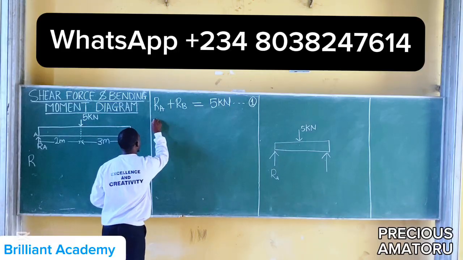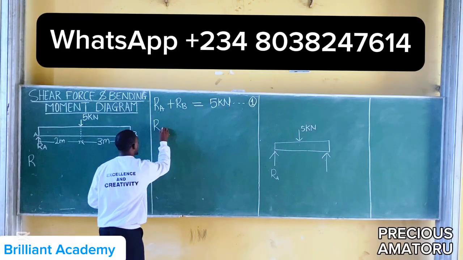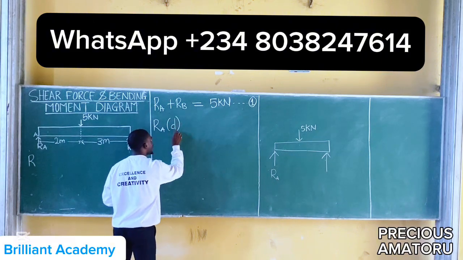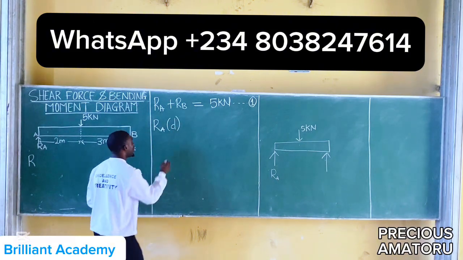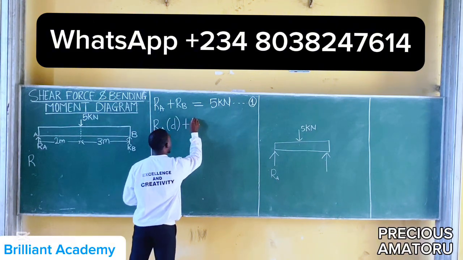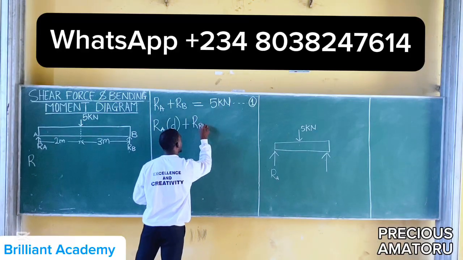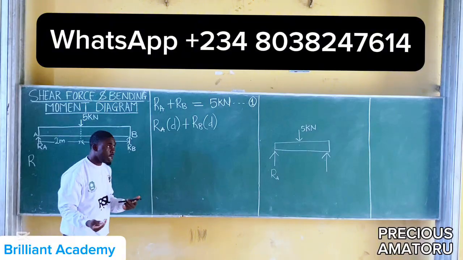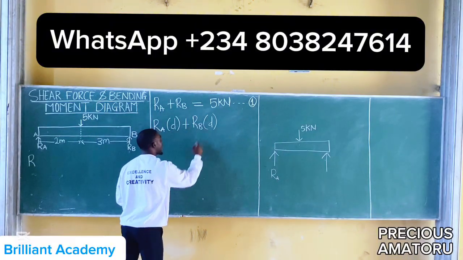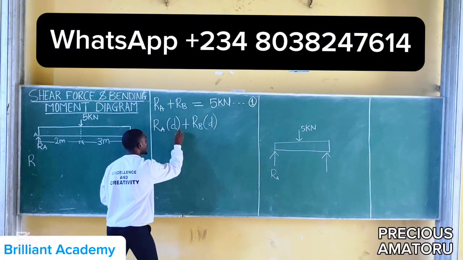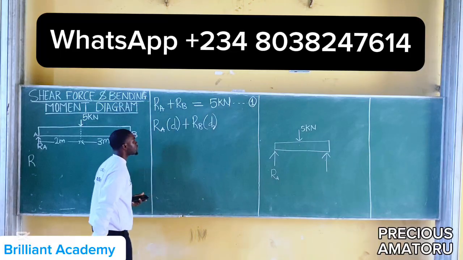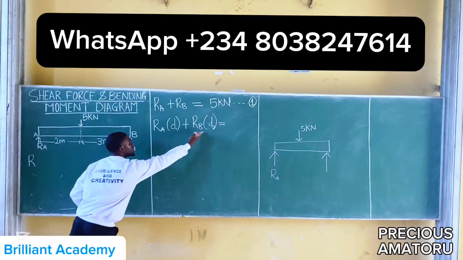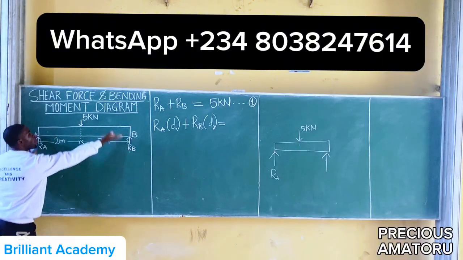So we know that RA multiplied by the distance to the point where we are taking moment, plus RB multiplied by the distance to the point where we are taking moment, let's say D1 and D2, must be equal to the moment of the force going upward.